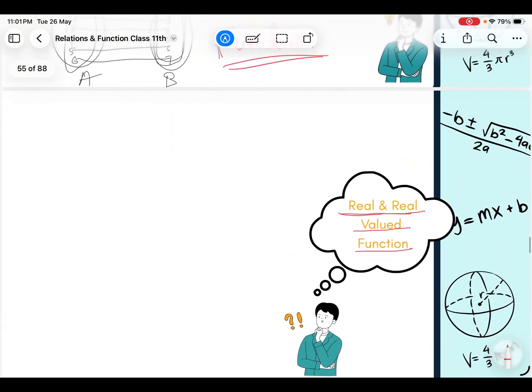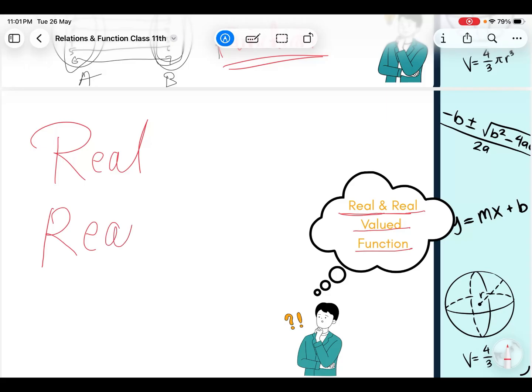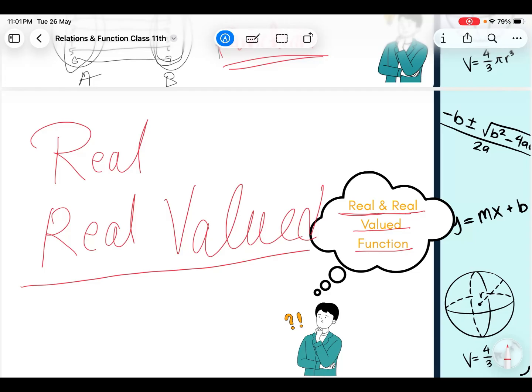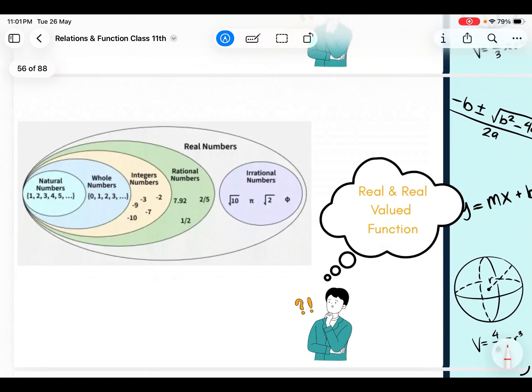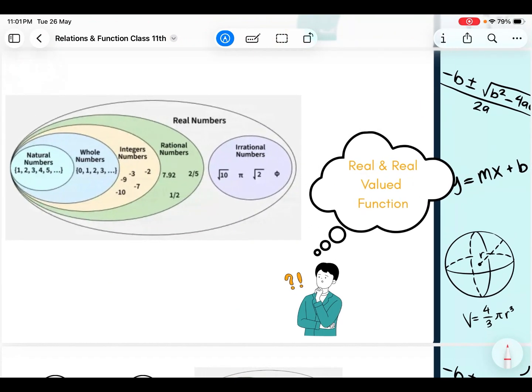So what is real? Real means real, and real valued. What is the difference? I just want you to think with your own. And now if you are completed with your thinking, let's see.